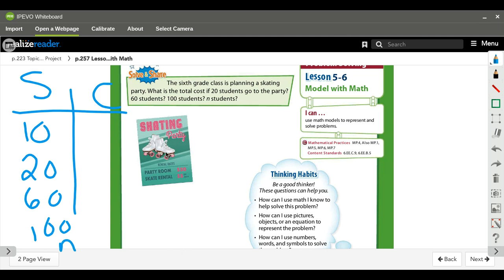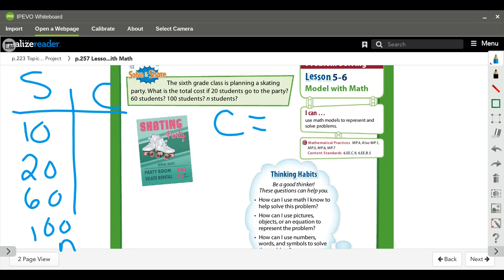So if I look down here, I am going to build my equation where I have C equals, right? That's my cost. And it already told me the variable is n students, and I need to know how much it's going to cost per student. So when I look at the skating party, the skate rental says $5 per rental, or per person.